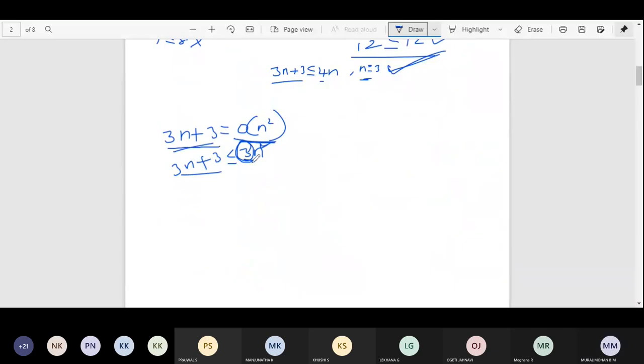Does it work? For what values of n does this work? Kindly respond, please. N is greater than or equal to 2, sir. Can everyone check whether this works or not?